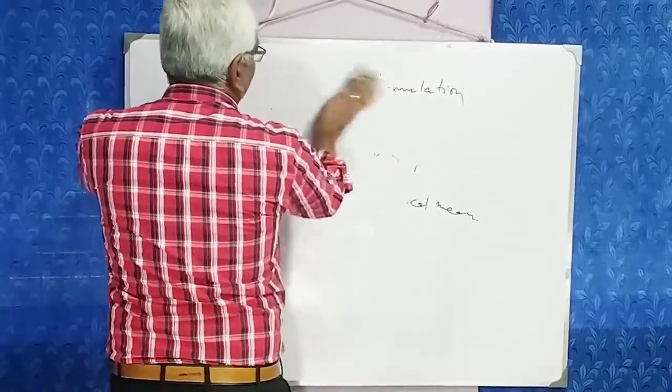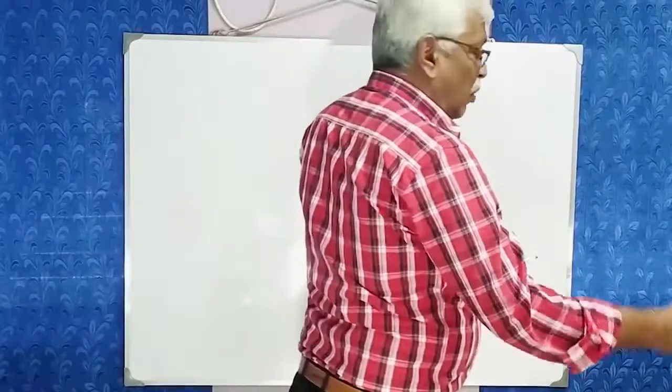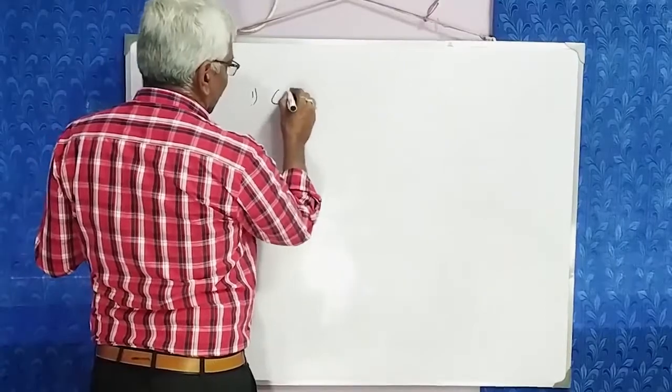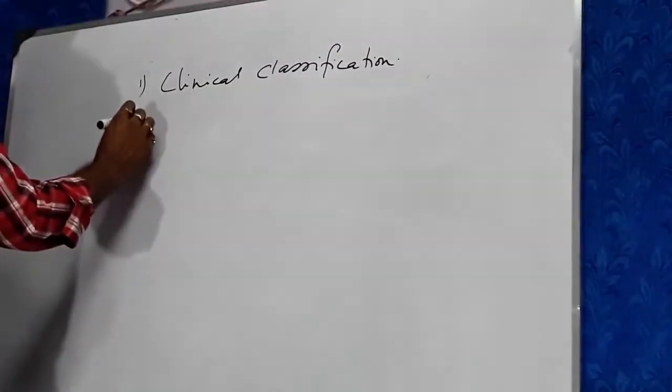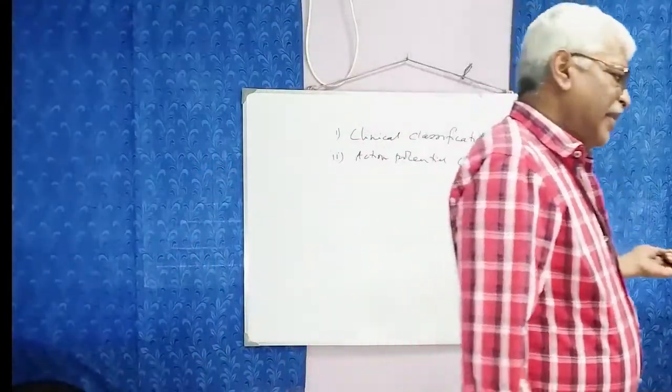Now, the antiarrhythmic drugs can be classified in many ways. Number one, according to the clinical classification. Number two, according to the action potential. The clinical classification means you choose the drug according to the site where it is effective.